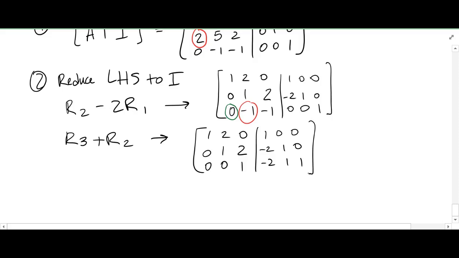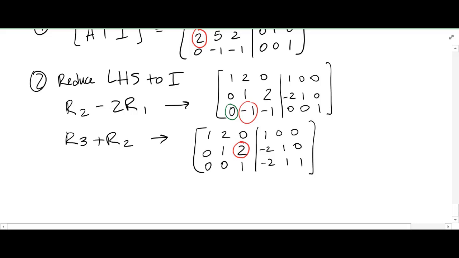Okay, and then we want that to be a 0. At this point, it would actually be more efficient if I reduced this entry first, because I can do that using row 3.